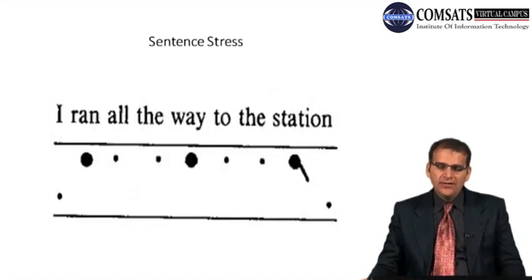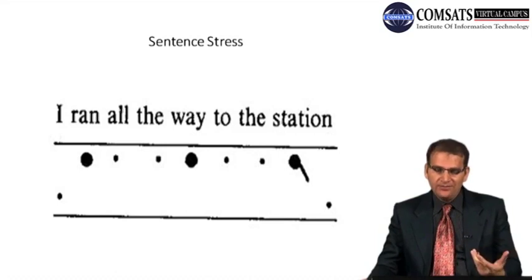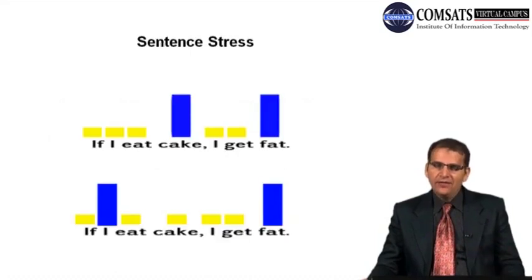Again, sentence pattern. You can see sentence stress. I ran all the way to the station, right? I ran all the way to the station. See this dot, you can show that these words are stressed. Again, see, if I eat cake, I get fat. Fine.